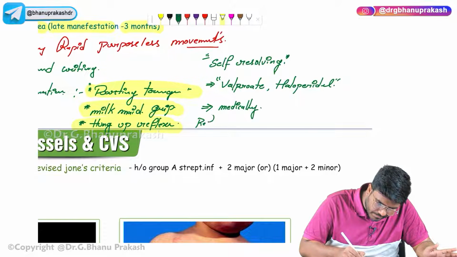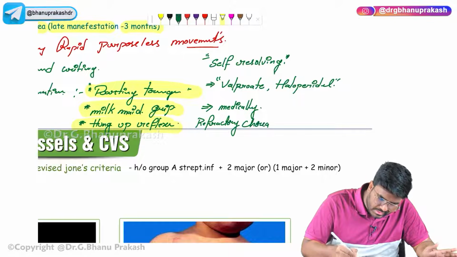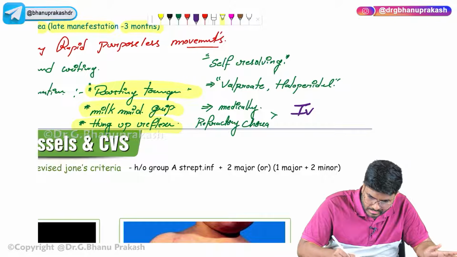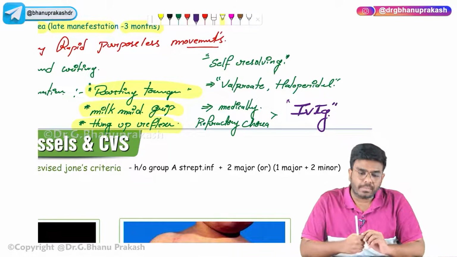In medically refractory chorea, you can use intravenous immunoglobulins.